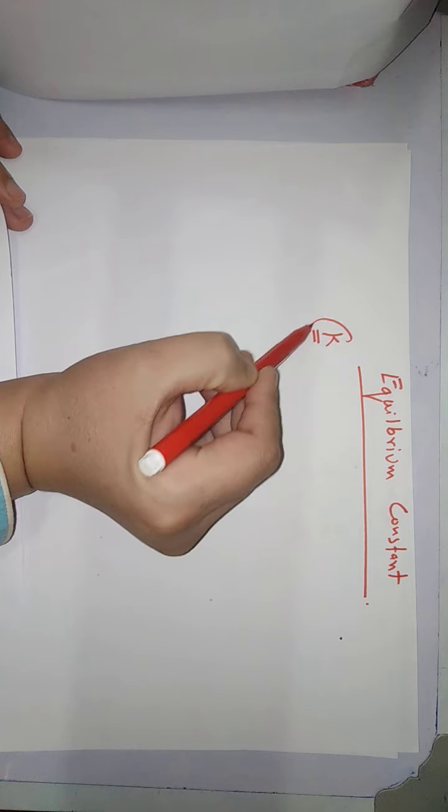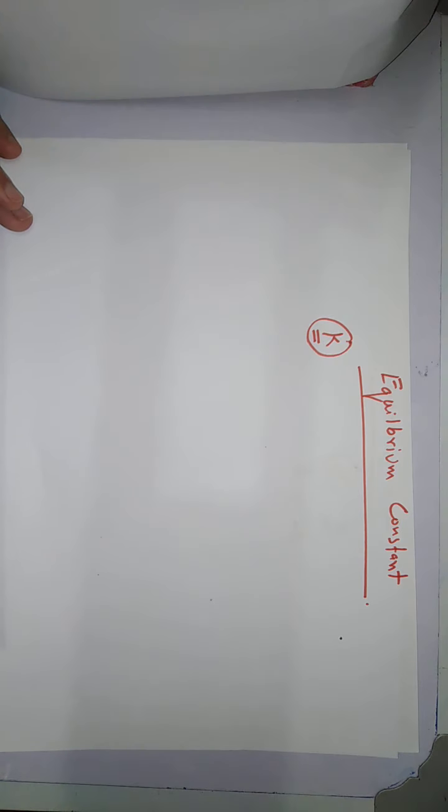How can we get this value? We can find the value of the equilibrium constant by calculating it if we have the concentration of reactant and product in the equilibrium mixture.